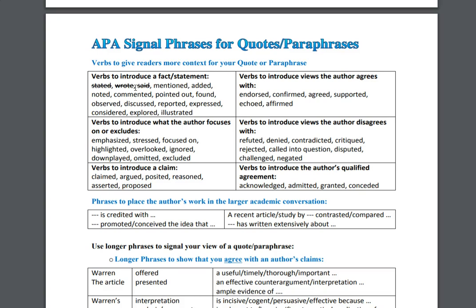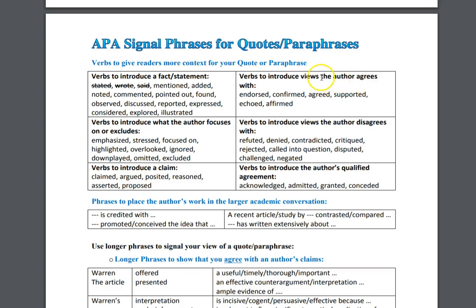When you're introducing a fact or a statement, instead of saying stated, wrote, or said, you can say commented, observed, expressed. When the author focuses on or excludes information, for focusing on we'd say emphasized, and for excluding we would say ignored. To introduce a claim, you would say argued, proposed.